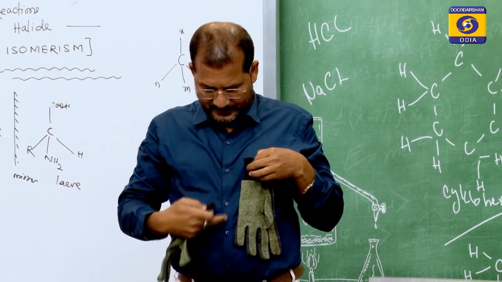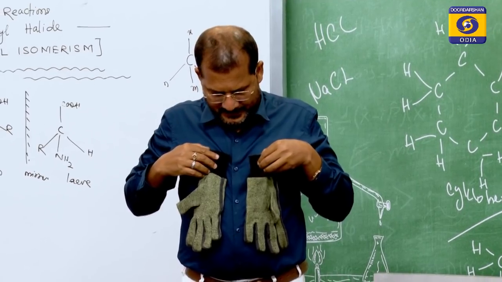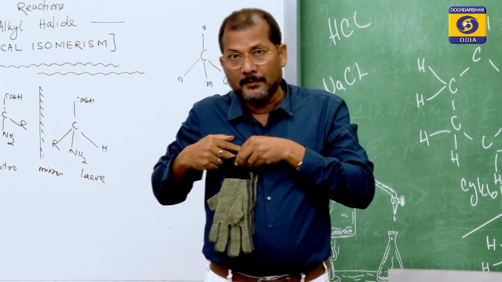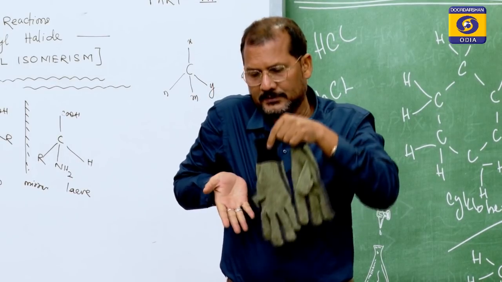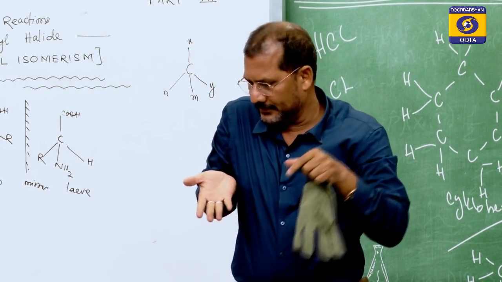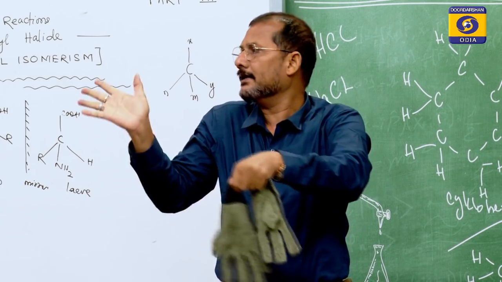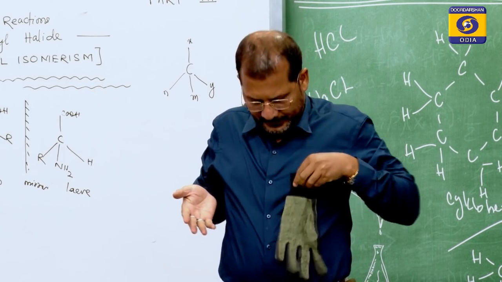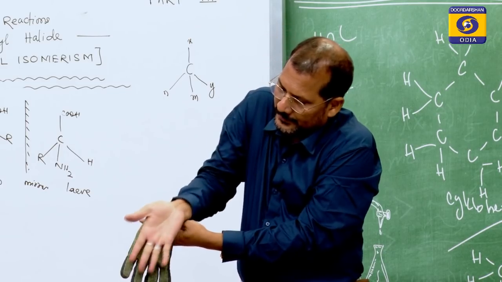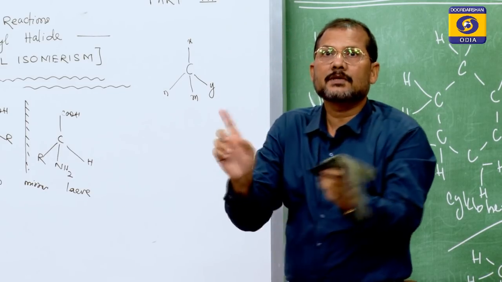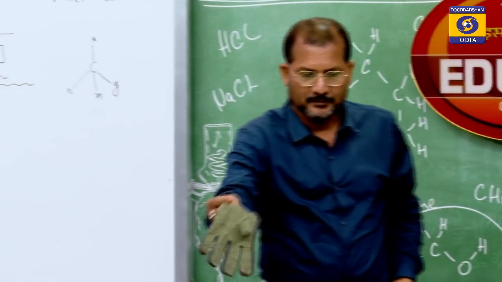This is the image, it is non-superimposable, and suppose the object was meant for my right hand palm, but if I bring the image, it will not fit my right hand, which means these are two different molecules. So, this is the meaning of chirality.